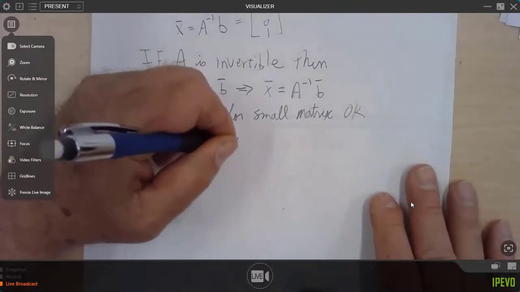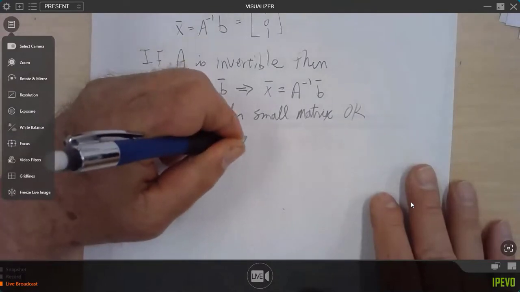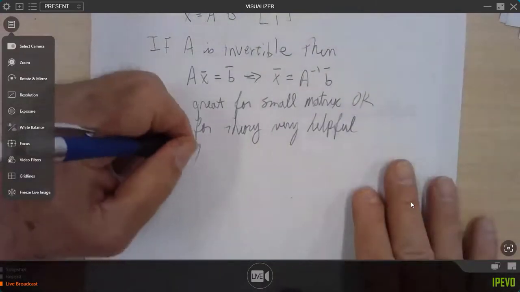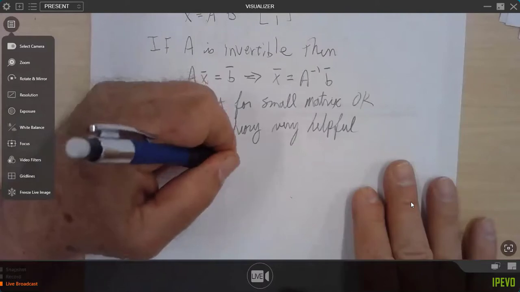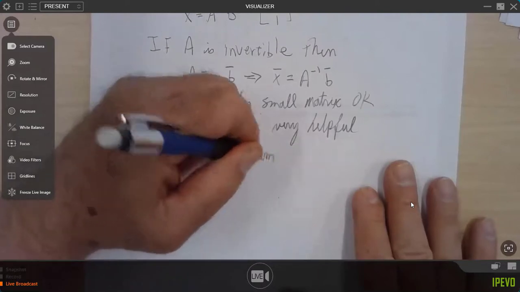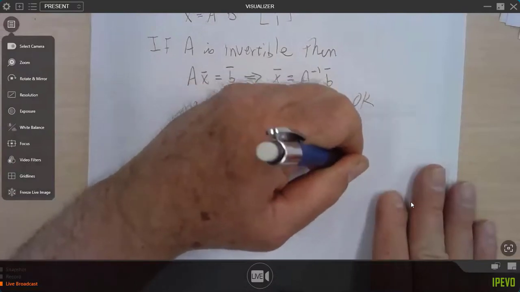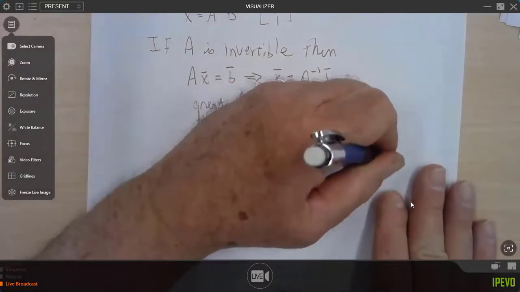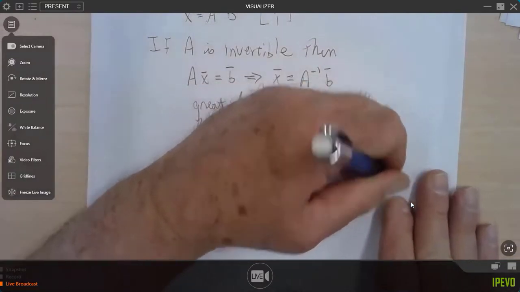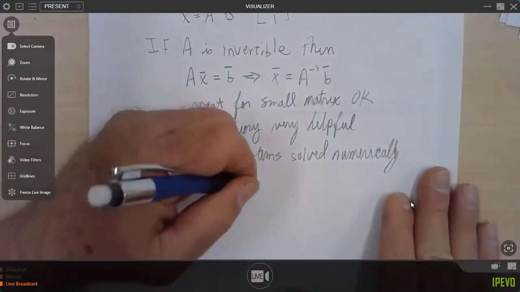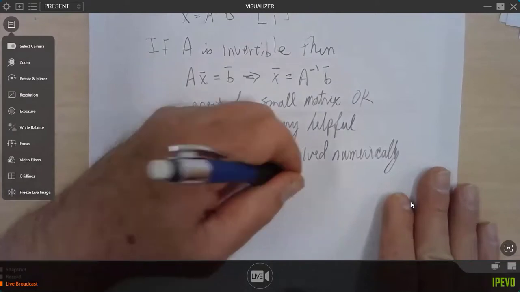For theory, very helpful. And, you know, occasionally we'll use the inverse, but for large systems solved numerically, this is a bad idea.